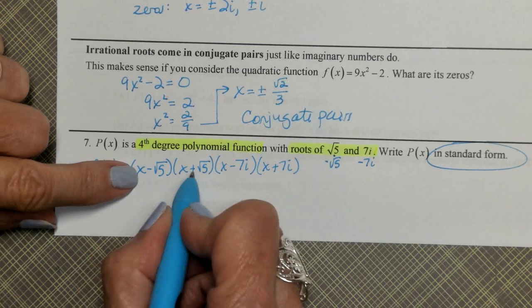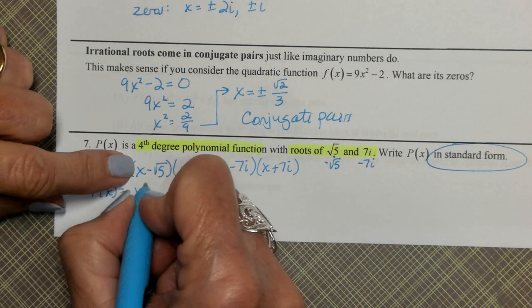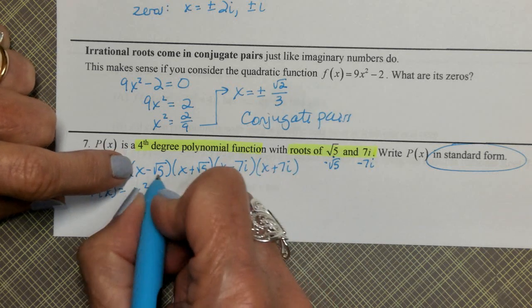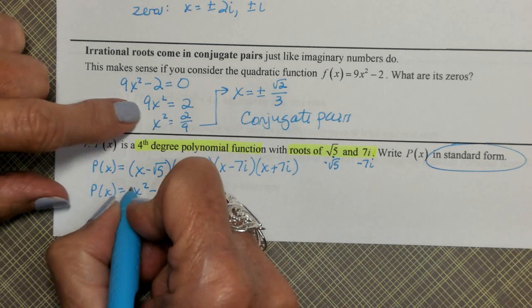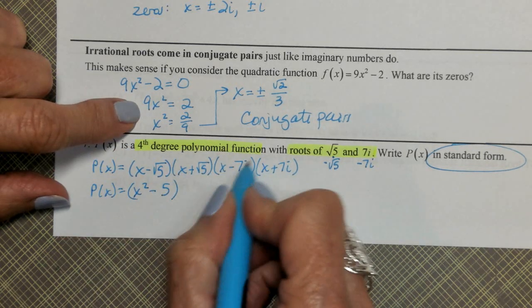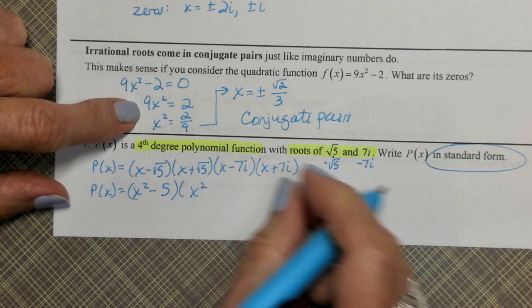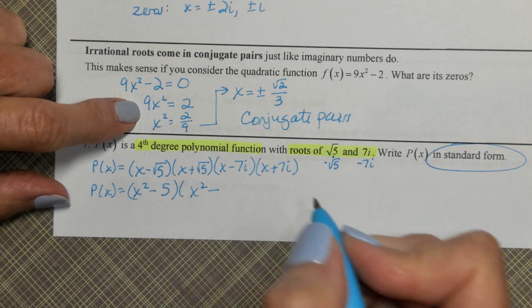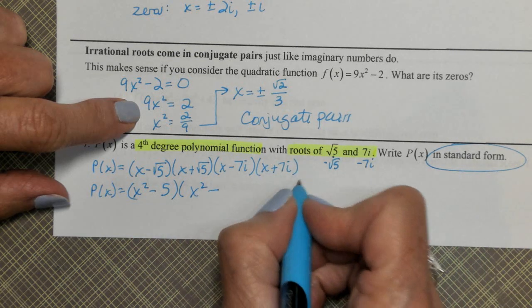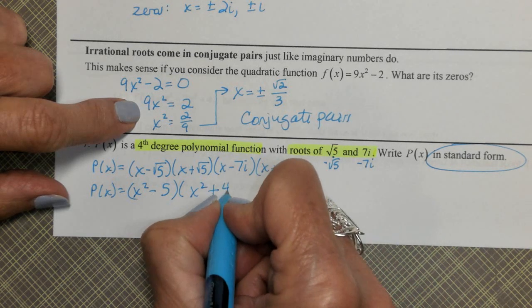When I FOIL these out, I'm going to have x squared, the middle term zeroes out, minus 5. When I multiply this out, they're conjugates too, so x squared, the middle term zeroes out, minus 49i squared, so plus 49.